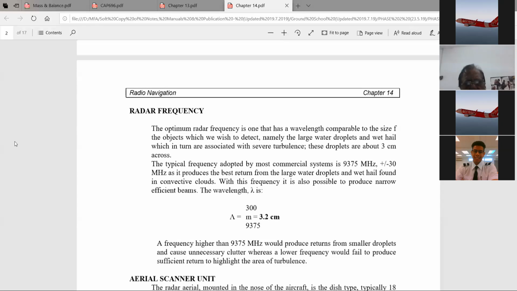Now, suppose we have a frequency which is lower than 9375, what will happen? It cannot detect. Why? Reason.